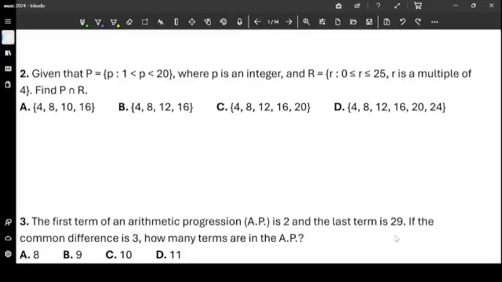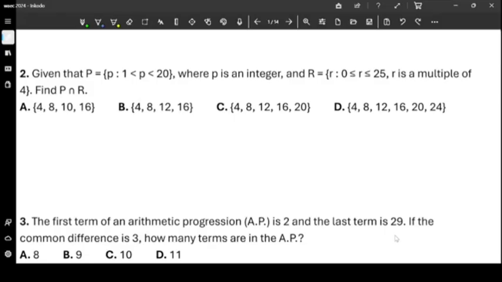All right, so welcome to question 2. Question 2 says, given that P is a set where 1 is less than P is less than 20, P is an integer. What that means, they are telling you that P is an integer that lies between 1 and 20.